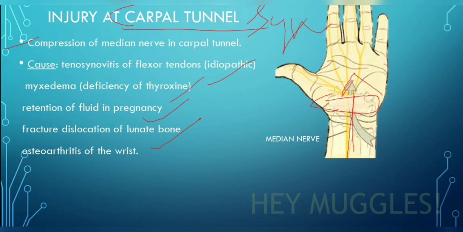Osteoarthritis is a type of arthritis that occurs when flexible tissue at the ends of the bones wears down. In osteoarthritis of the wrist, there can also be compression of the median nerve. So these are the causes of injury at the carpal tunnel.